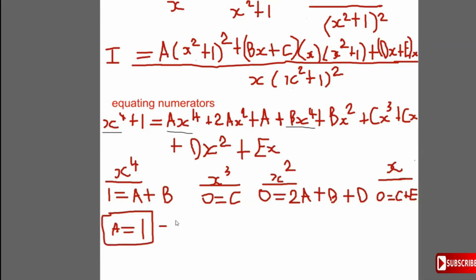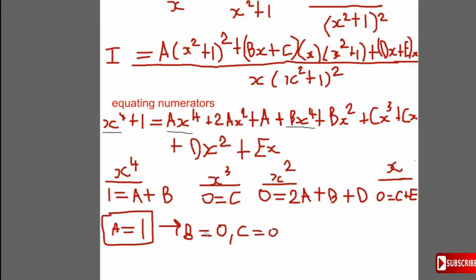Now if a is equal to 1, and from equation 1 a plus b is 1, that implies that b must be 0. And we can see right here c is equal to 0.